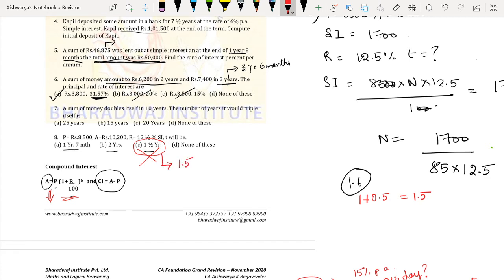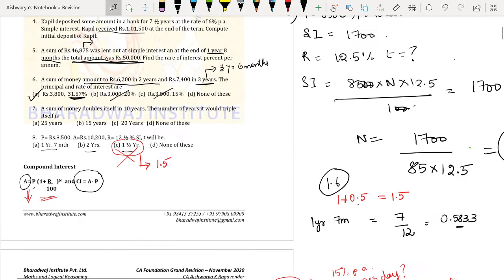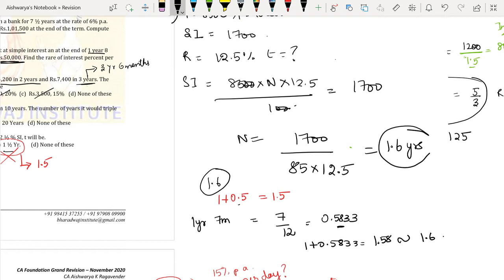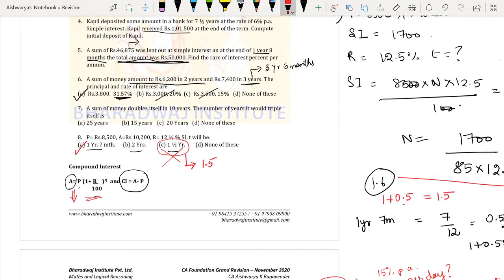Are we clear? 1 year and 7 months converts to 7 divided by 12 on your calculator. How much do you get? 0.5833, not 0.5. It is 0.5833. So 1 plus 0.5833 is nothing but 1.58, which rounds to 1.6, which will match with this particular value. Are we clear? So this is our answer.